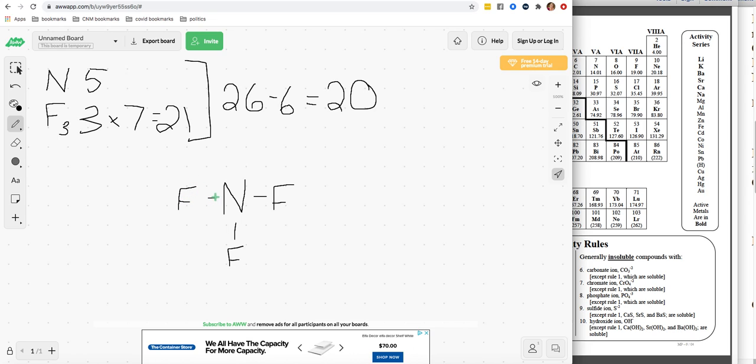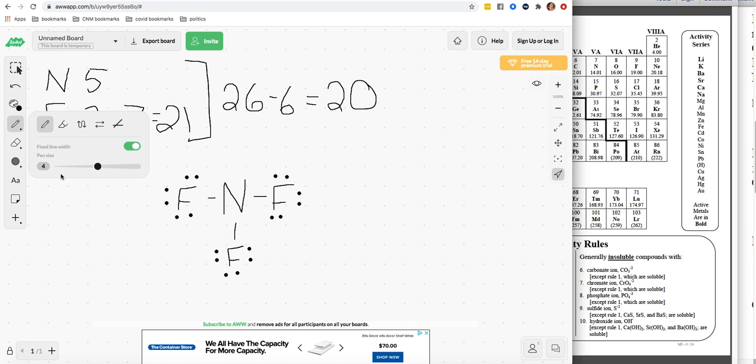So we've got 2 here, 3, 4, 5, 6, 7, 8. And then it's going to work the same for all of them. Okay, and so to get here, we've used up 2, 4, 6, 8, 10, 12, 14, 16, 18 electrons.